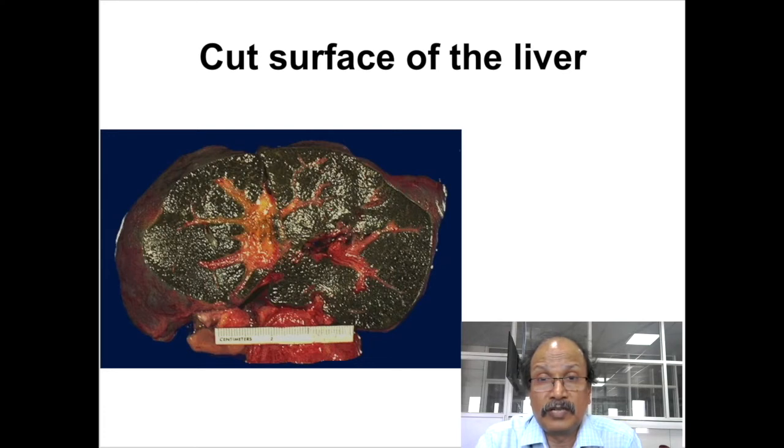And the cut surface of the liver again shows a deeply greenish liver with fibrotic areas. Fibrotic areas are represented by the grey white colored structures, and the greenish areas are the normal liver with bile stasis. So there are very few causes for a deeply greenish liver. The primary thing is biliary atresia.